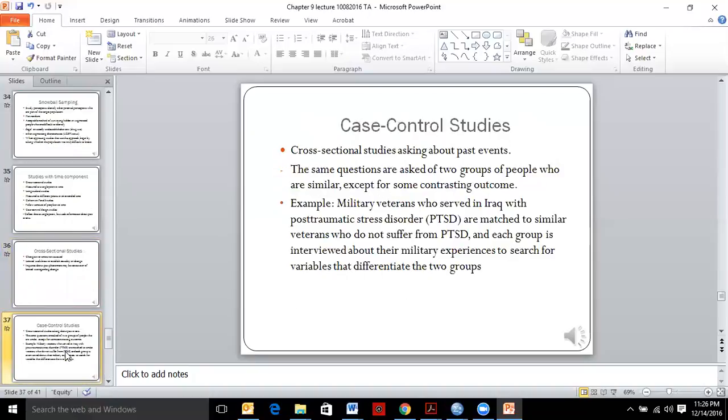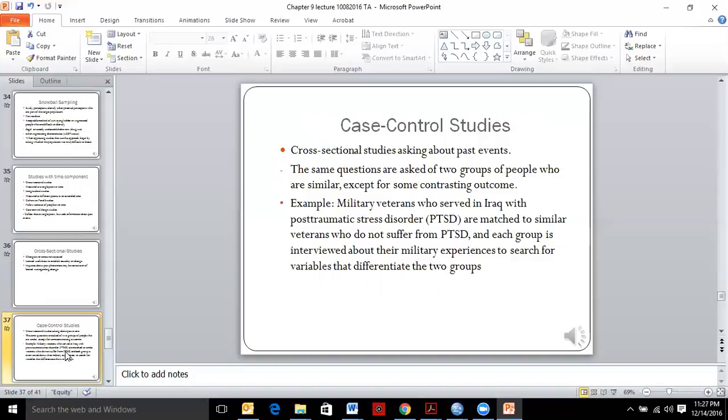Case-control studies are cross-sectional studies that ask about past events. The same questions are asked of two groups of people who are similar, except for some contrasting outcomes.